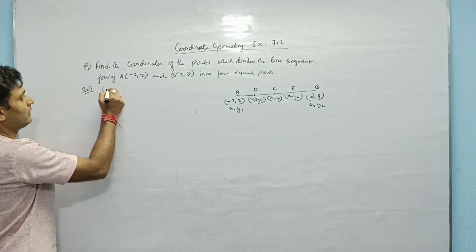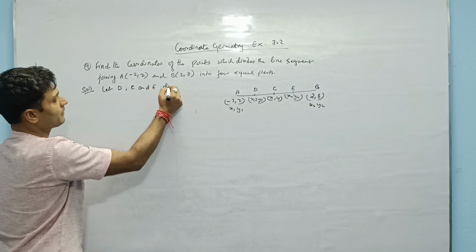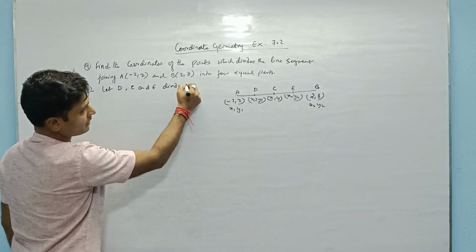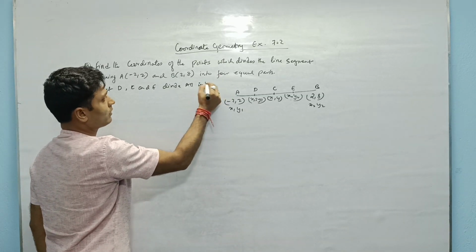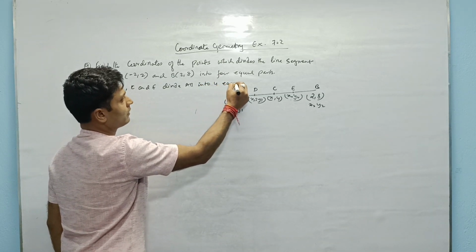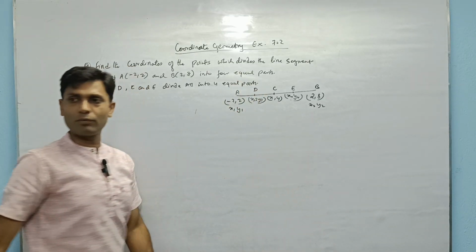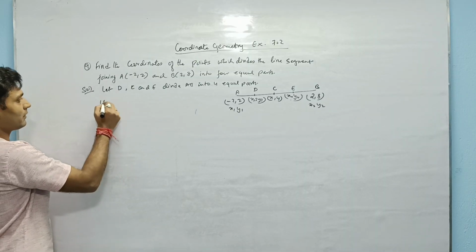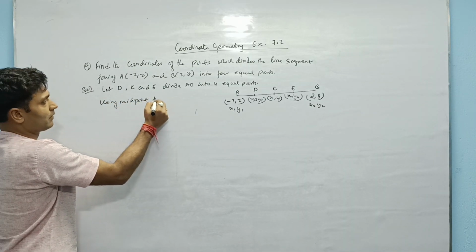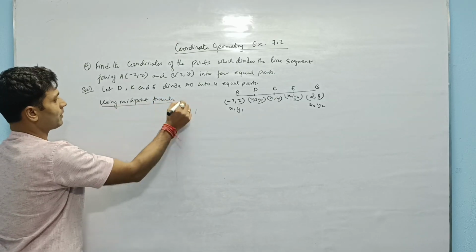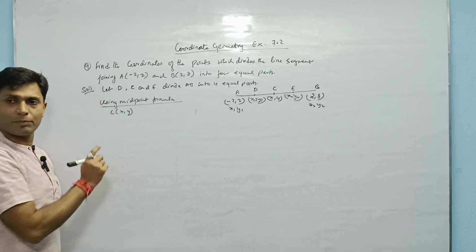So we'll write here, let D, C and E divide AB into four equal parts, right? Into four equal parts. So using the midpoint formula, we can say for C, okay? You are using the midpoint formula for C.